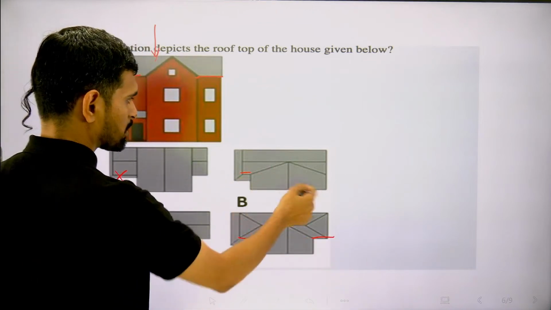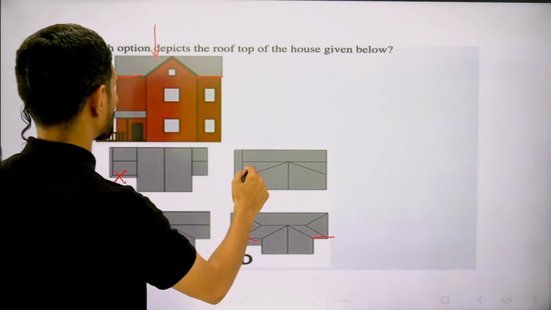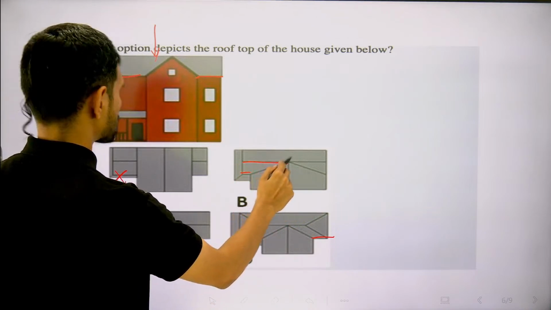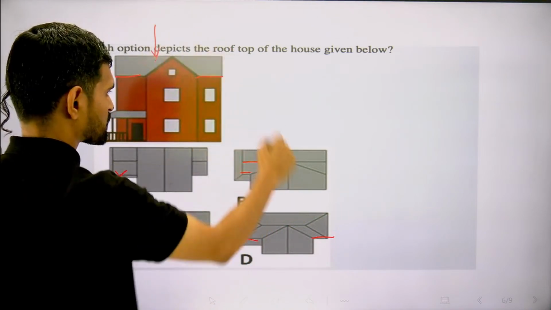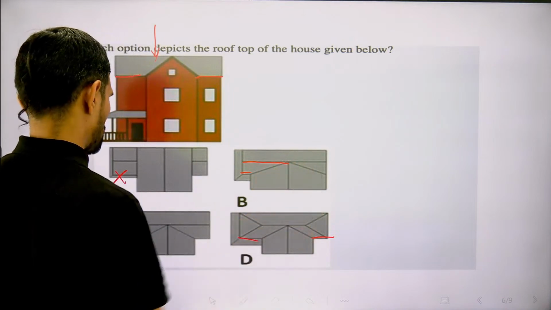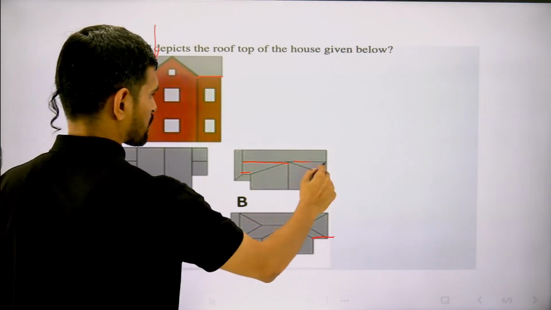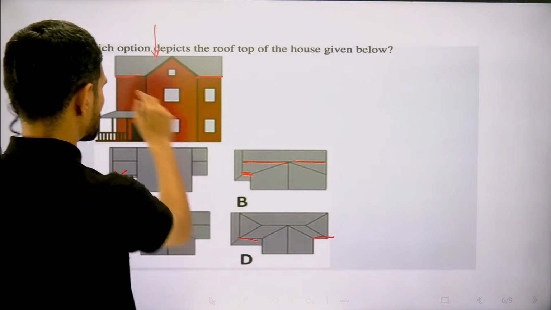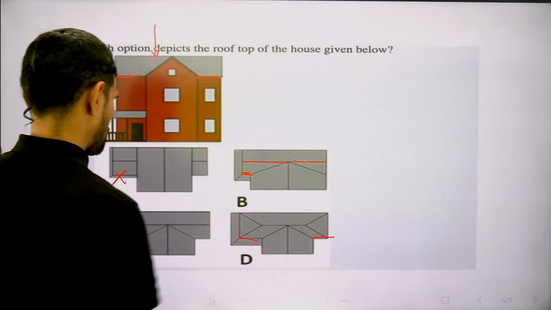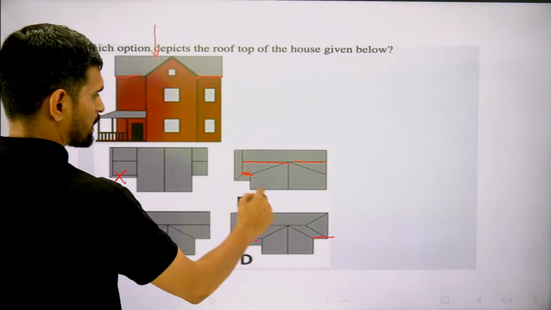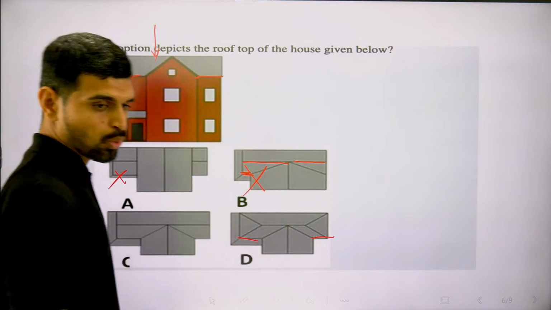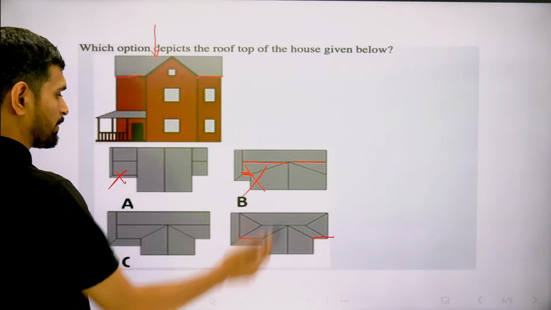This width is there in option B, that top side, right? But the other side, there is no width. So that makes option B go wrong, or we can eliminate option B.